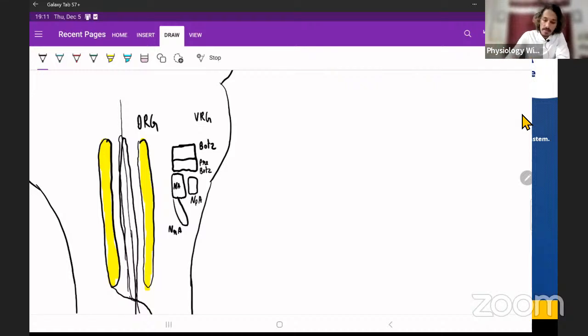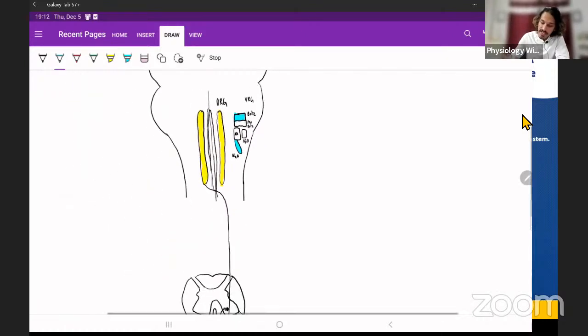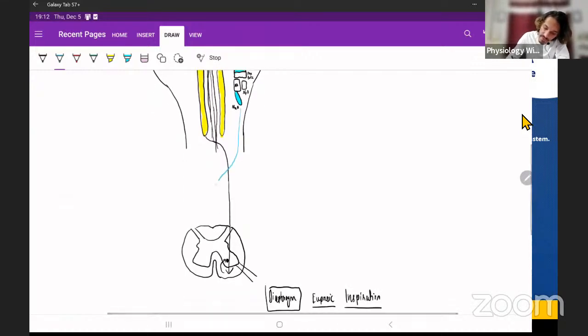So you can see here, once you draw this, whatever is at the edges, the Bötzinger complex, which is over here, and the nucleus retro-ambiguus, these are the ones which result in information which is going to be carried and will result in your expiration.